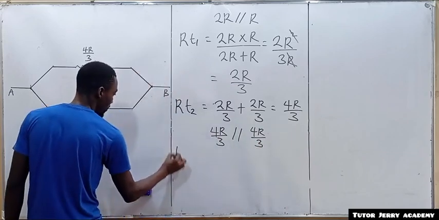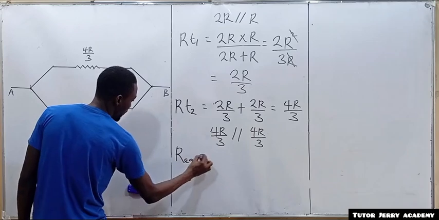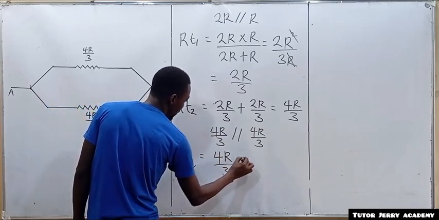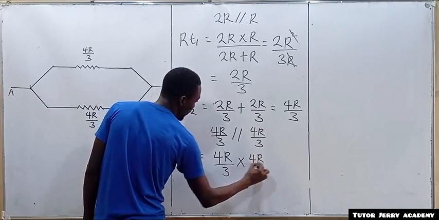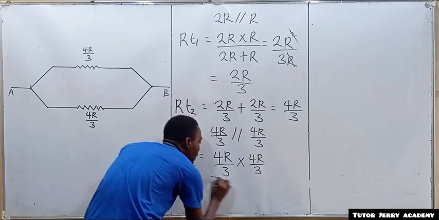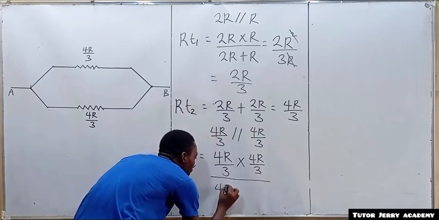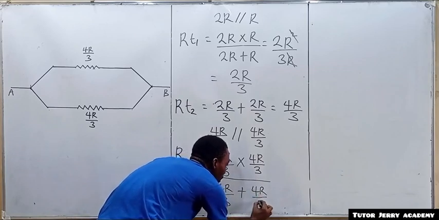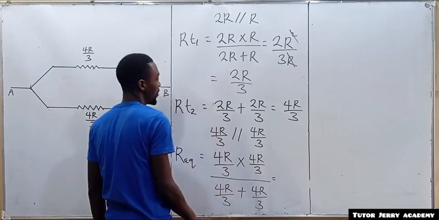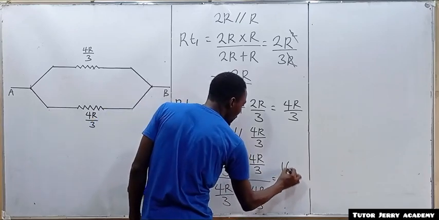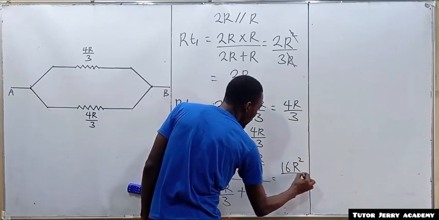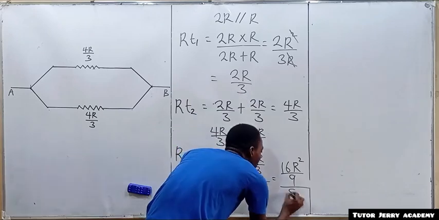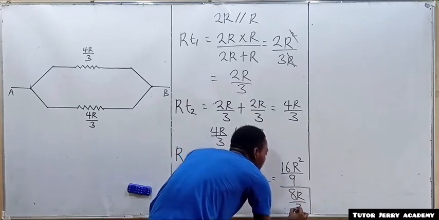So the equivalent resistance between the two terminals is going to be 4R all over 3 multiplied by 4R all over 3, divided by 4R all over 3 plus 4R all over 3. Which is going to give us 16R squared all over 9, divided by 8R all over 3.